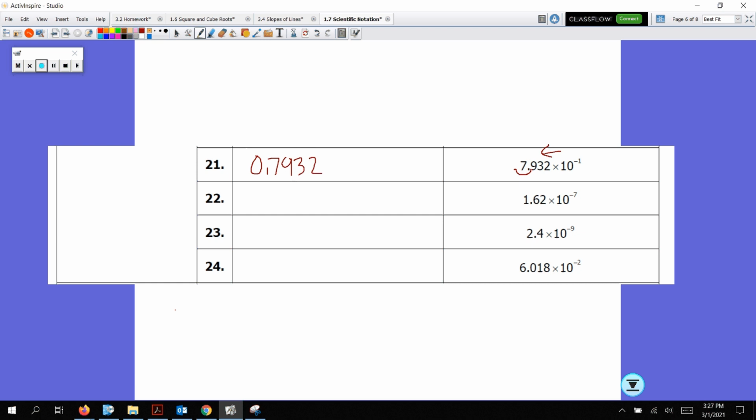Okay? Oh boy, I got to move a lot for number 22. Here we go. It says -7. So 1, 2, 3, 4, 5, 6, 7. I almost ran out of room. So that's 1, 2, 3, 4, 5, 6 zeros, and then the 162. Now that's in standard form. Oh my gosh, we even got to go even farther.